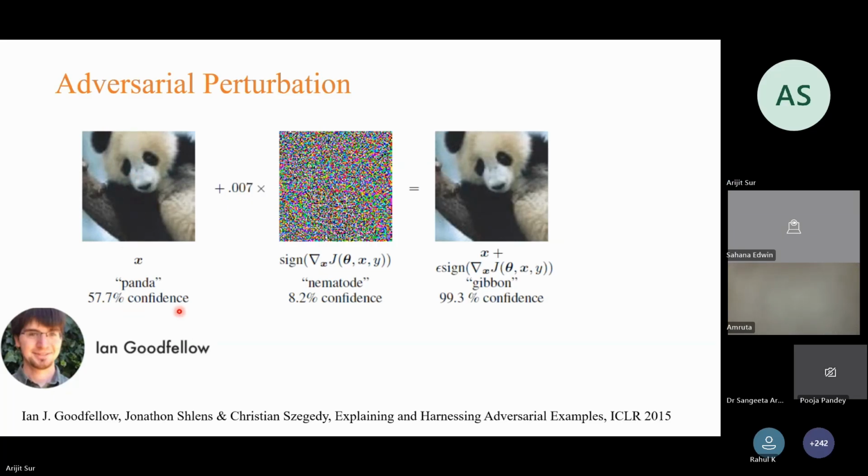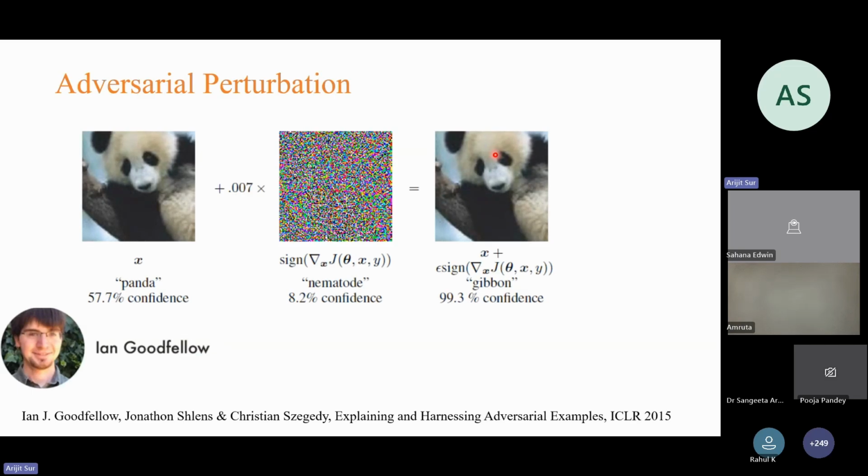So what is adversarial perturbation? A very small noise pattern is injected, an additive noise is added to the image. It is added in such a way that to the human eye the panda image looks as it is.